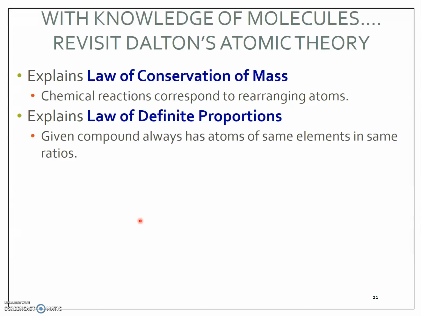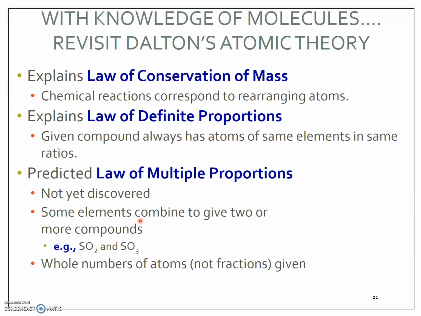The law of definite proportions states that whatever ratio by mass those elements are in order to maintain the same compound, the ratio does not change. Another way of saying it, a given compound always has the same amount of atoms by weight in the same ratios.